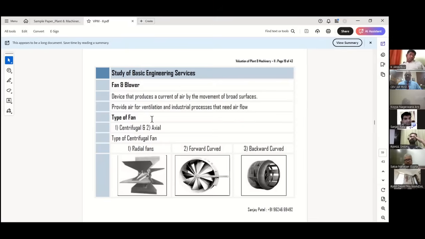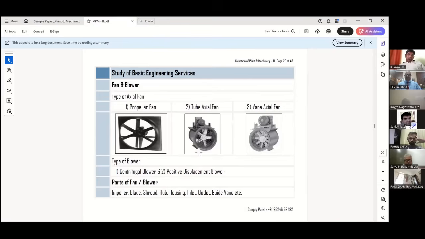See, type of fan again: it is a centrifugal fan or axial fan. Again radial fan, forward curve fan, backward curve fans. Same in the axial fan, you will find the propeller fan that we normally use for the exhaust fan, tube axial fan, vane axial fans.